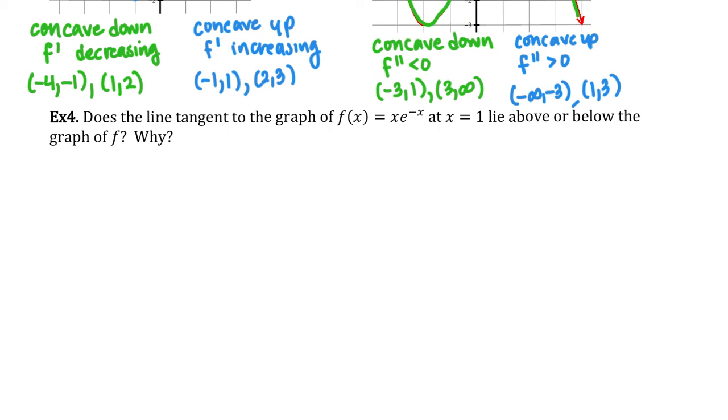Okay, so for concavity, I want the second derivative. Let me find the first derivative first. We're doing product rule. Okay, first, the derivative of e to the negative x is e to the negative x times -1 because of the chain rule, plus e to the negative x times 1.